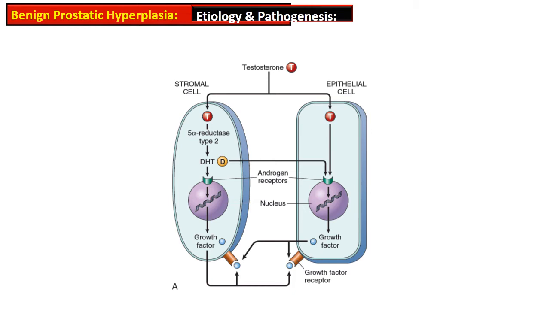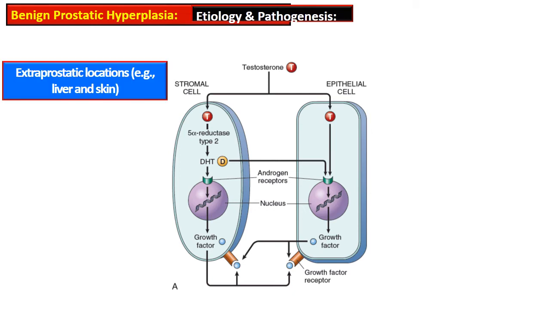There are two types of this 5-alpha reductase, type 1 and type 2. The type 2 of this enzyme is present exclusively in the stromal cells of the prostate. It is not present in the epithelial cells of the prostate.